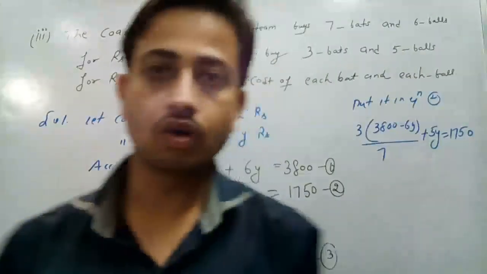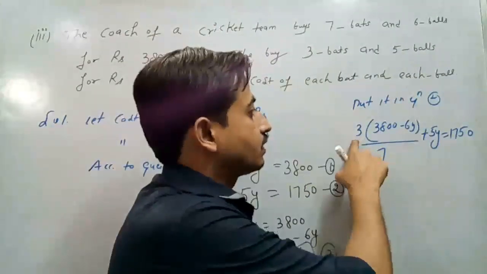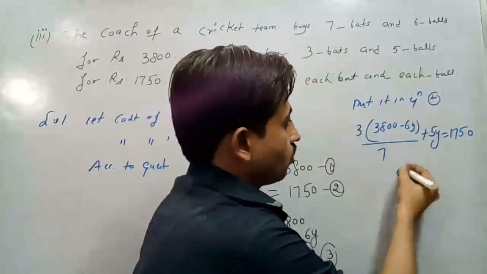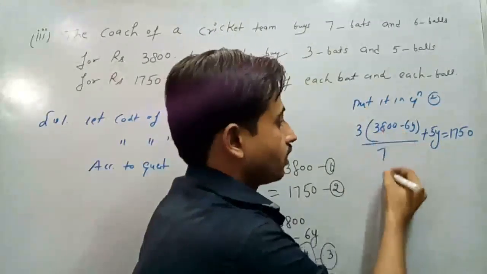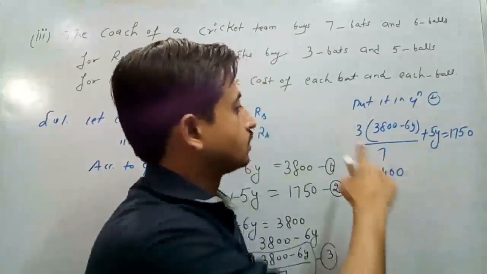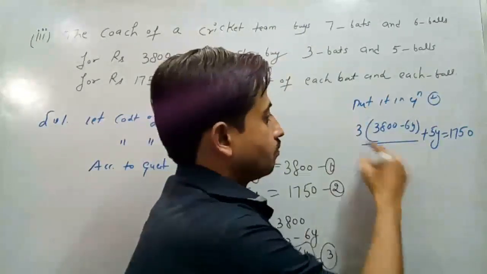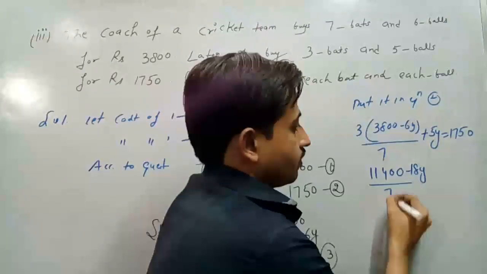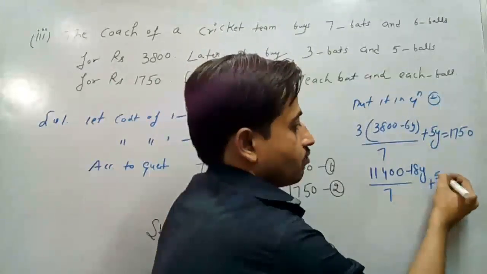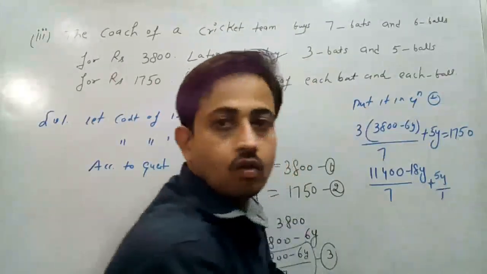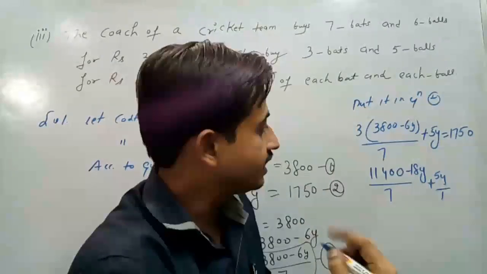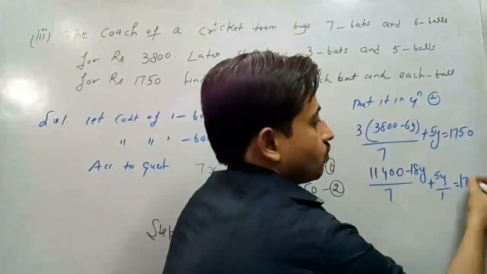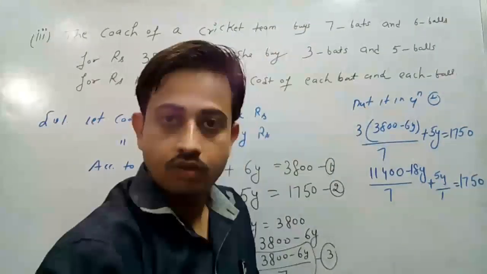Now we have to solve this. Multiply 3 by 3800: 3 8s are 24, carry 2, 3 3s are 9 or 2, 11. Minus 3 6s are 18y divided by 7, plus 5y. I am taking divided by 1 so that we can easily find the LCM and do calculations, which is equal to 1750. Now solve this.